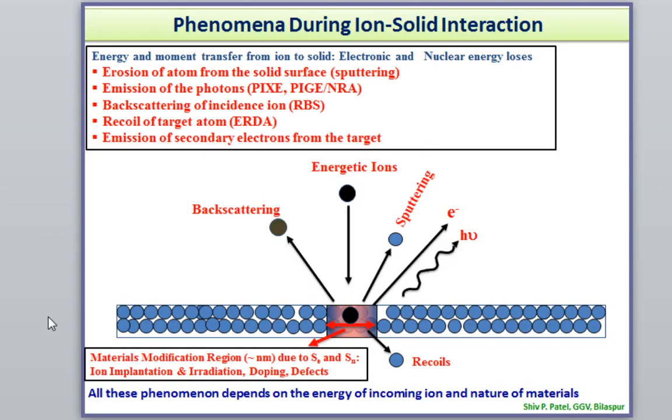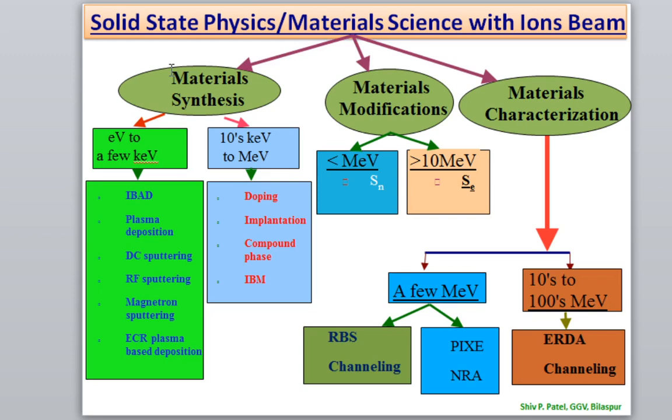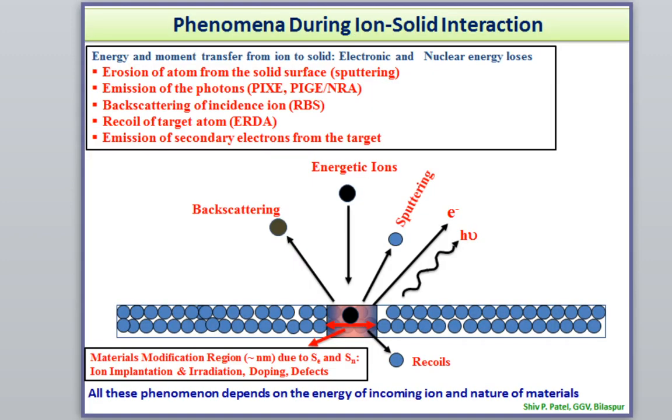So in order to understand all these material synthesis or material modification or material characterization, how these energetic ions, how ion beams are used in solid state physics or material science, one has to understand phenomena during ion solid interaction. As I have already discussed, ion solid interaction, basic phenomena in terms of nuclear energy loss and electronic energy loss. Let us suppose that we have a target material here.